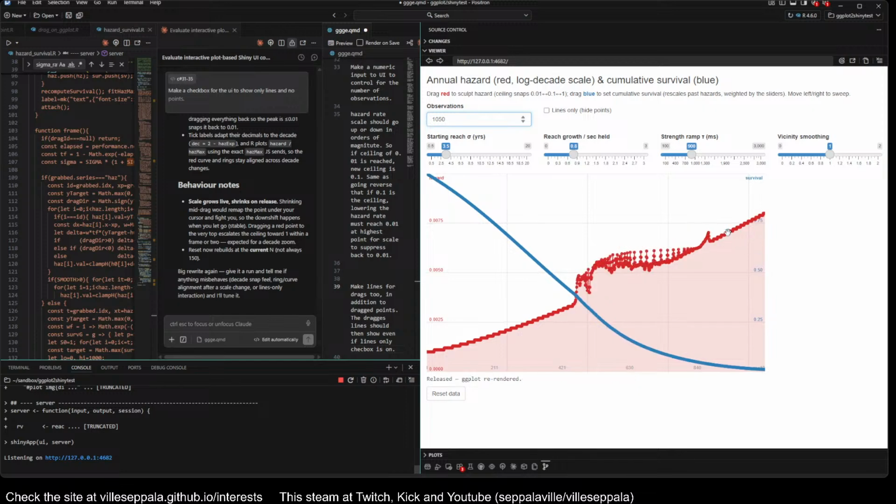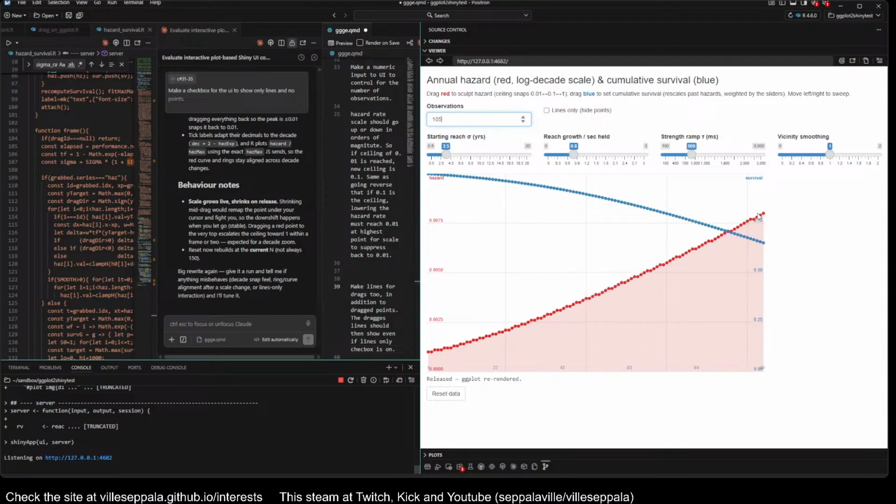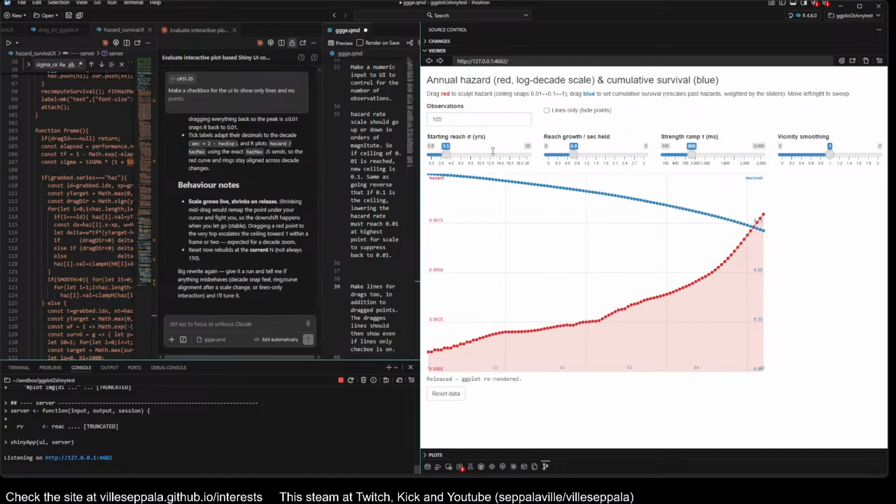So if we go back to 100 observations, then these are built for this number of observations to work smoothly.